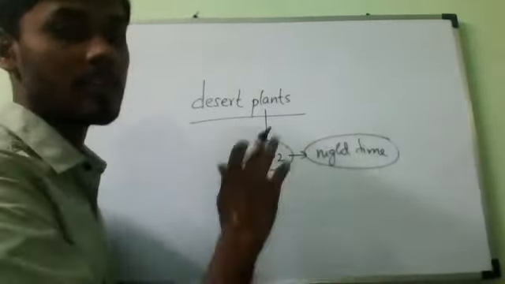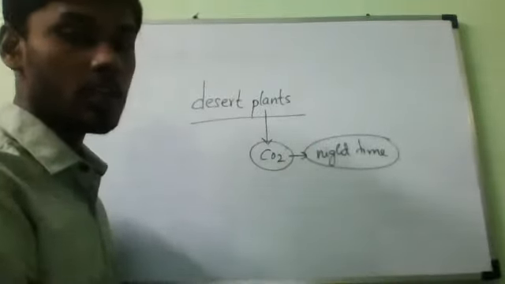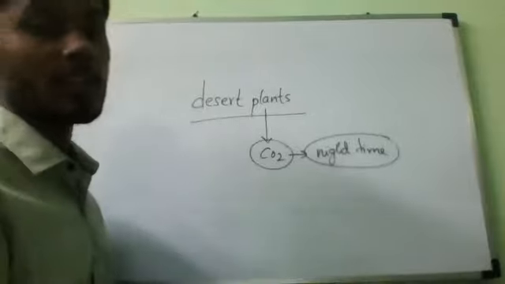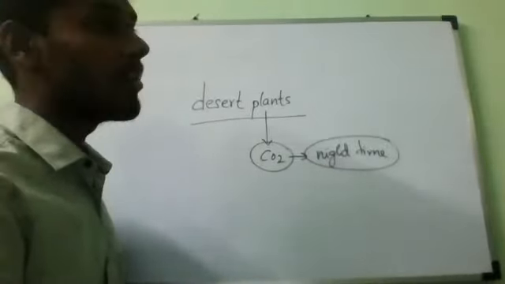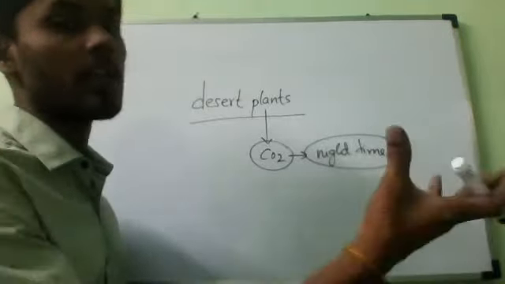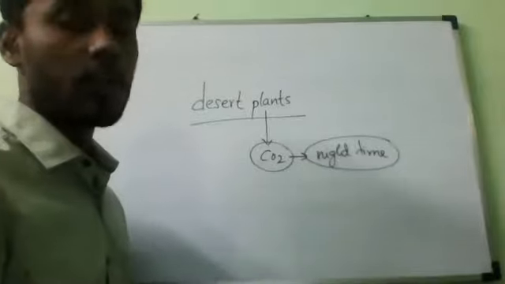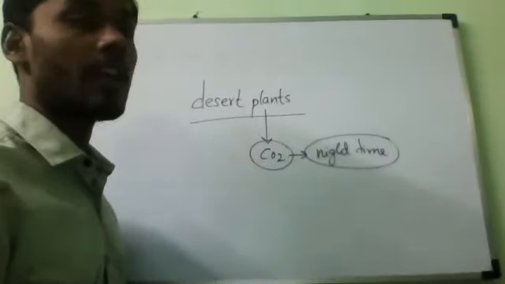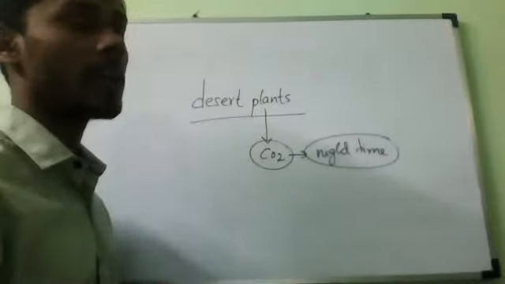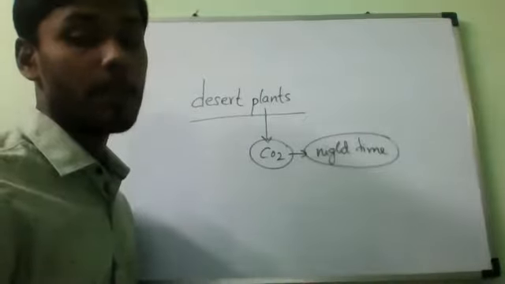Absorption of carbon dioxide is already taking place, and water is already stored inside them, so some intermediate product will be present. Next day morning, when they absorb the sunshine, they will immediately form the food, because during the daytime they cannot do the photosynthesis reaction continuously like normal plants.